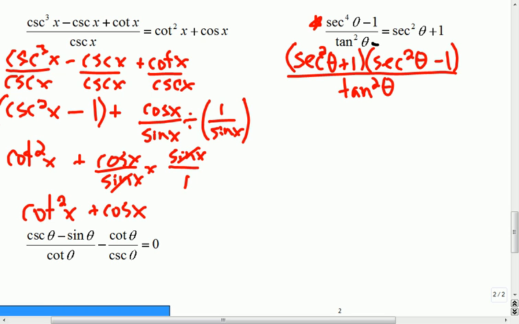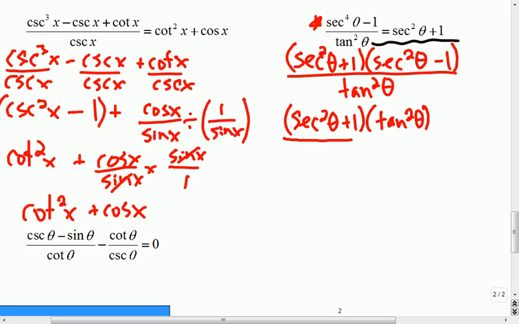This one right here could be replaced by tangent squared. And of course, that was what I was hoping for, because now my tangents will disappear. And I'm left with secant squared theta plus 1.